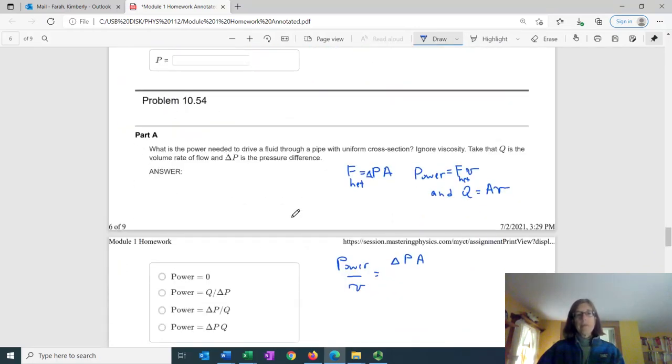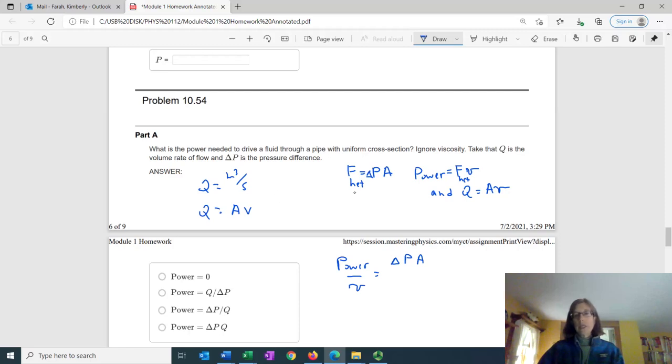All right, problem 10.54, you're looking for the power needed to drive a fluid through a pipe. Ignoring the viscosity, take Q as the flow rate. Remember, flow rate Q is equal to meters cubed over seconds, and that equals the area times the velocity.